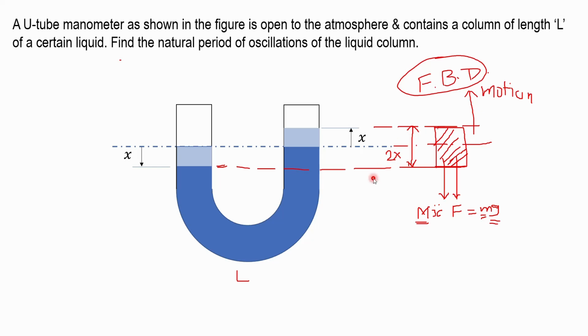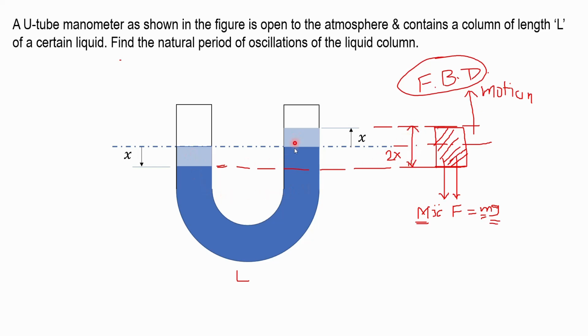So X plus X will be 2X and that is the total liquid that is displaced above and below the mean position. So with reference to this mean position that we have shown by this center line, x plus x is 2x, that is the height of the liquid which is displaced.